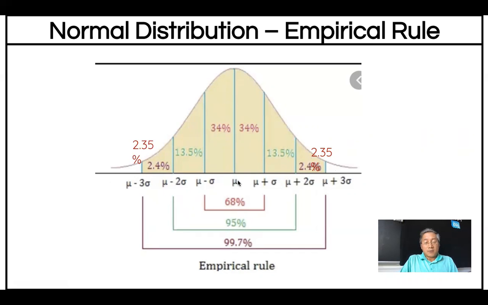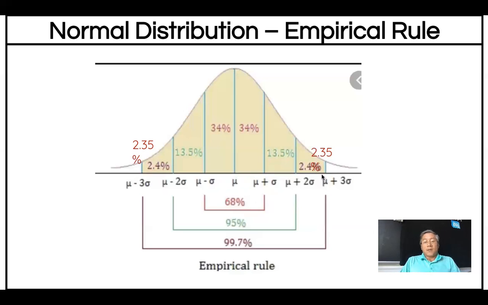And we learned standard deviation, how far the data are, how far away all the data are from their mean. From here to here is one standard deviation distance, two standard deviation distance, three standard deviation distance like this, right?